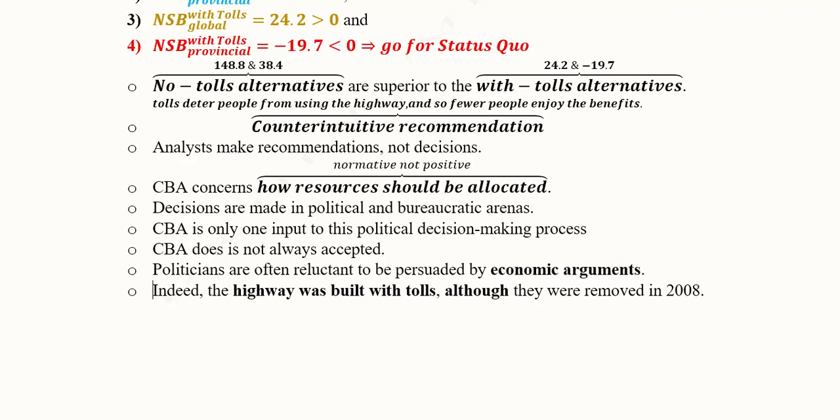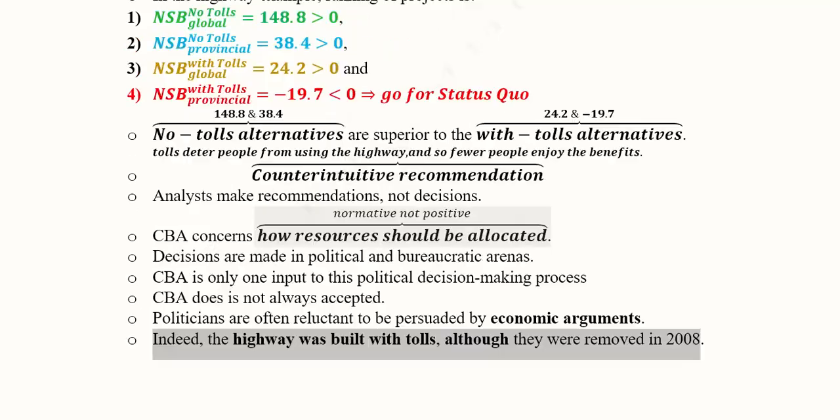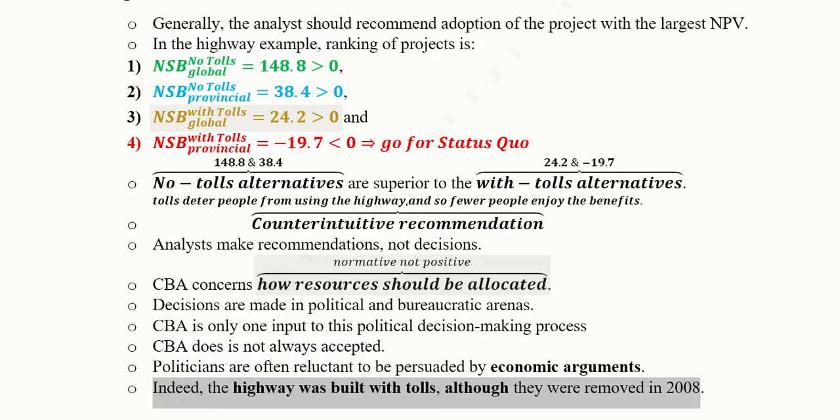So the surprising result of all of this exercise is that the highway was built with tolls, and you remember that the tolls option was, in the provincial perspective, negative, that is undesirable, and from the global perspective, however, it was desirable, but still having a lesser value of NSB as compared to the no tolls alternatives.